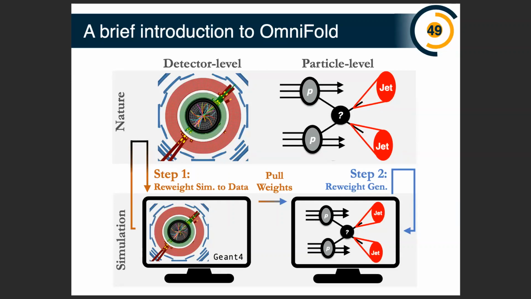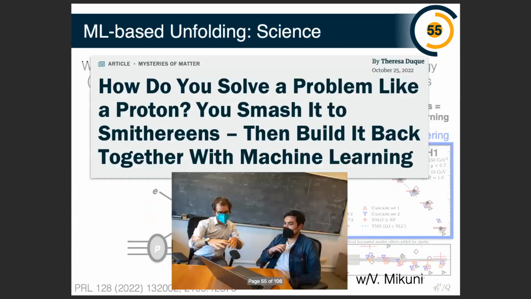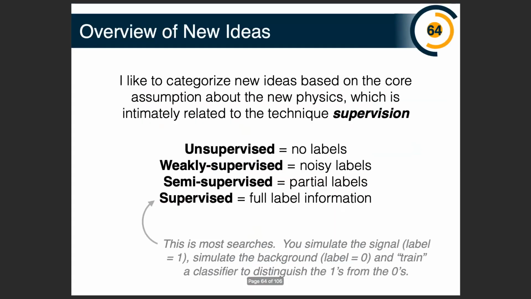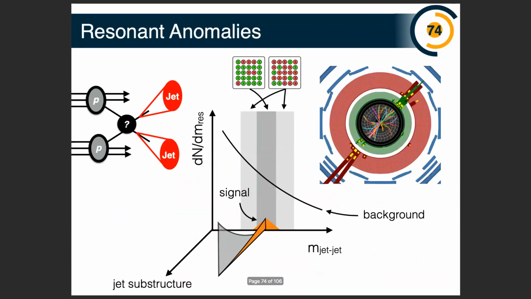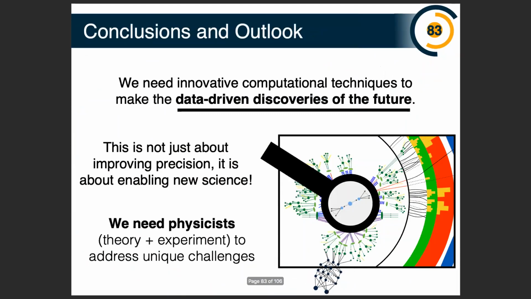I would say it goes both ways. In some cases, there's a problem I want to solve, in this case unfolding, and I develop new tools in order to solve it. But in some cases there's a shiny new tool, and we just want to see how it works. For instance, I have one slide in the backup. I talked about GANs, and GANs are by now old news when it comes to generative models.